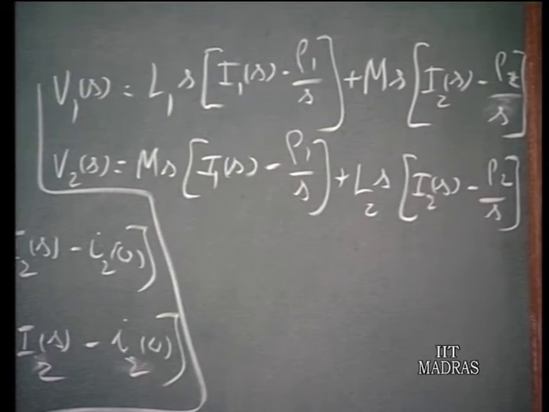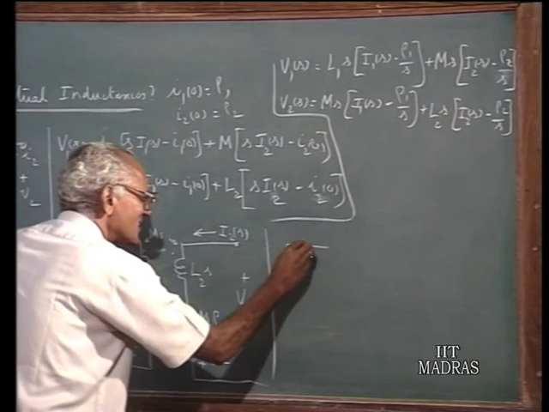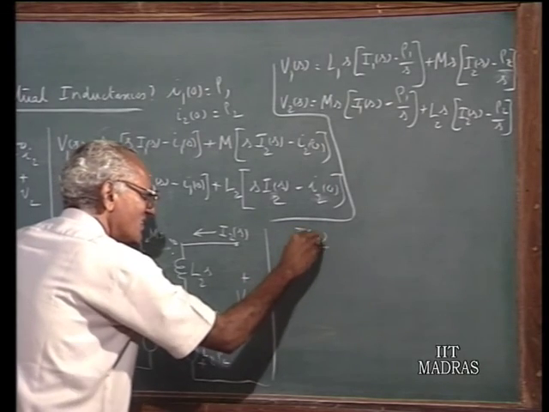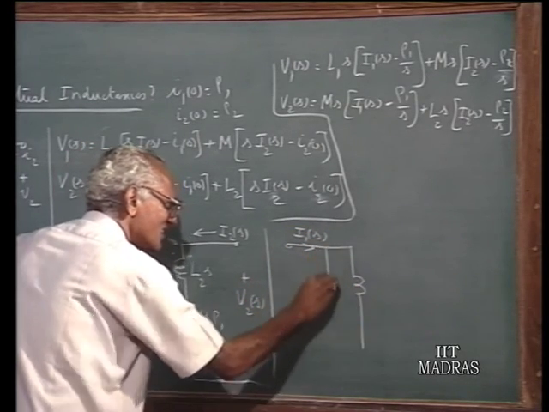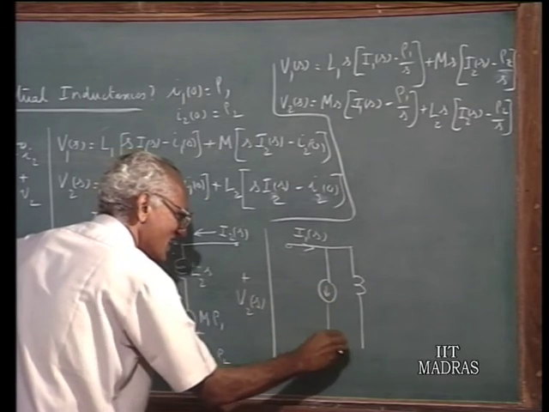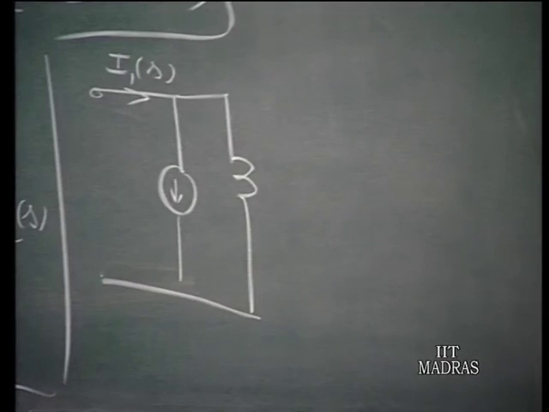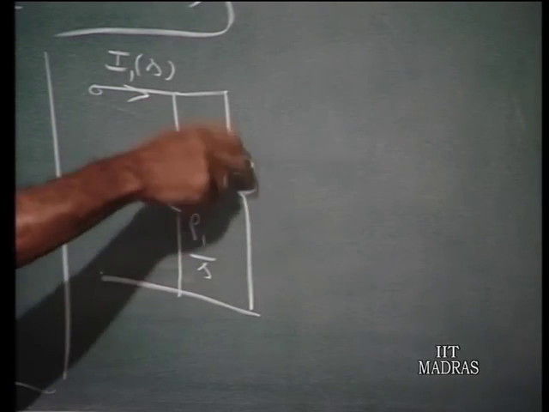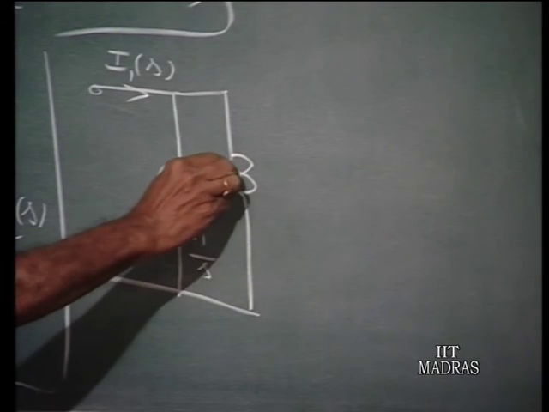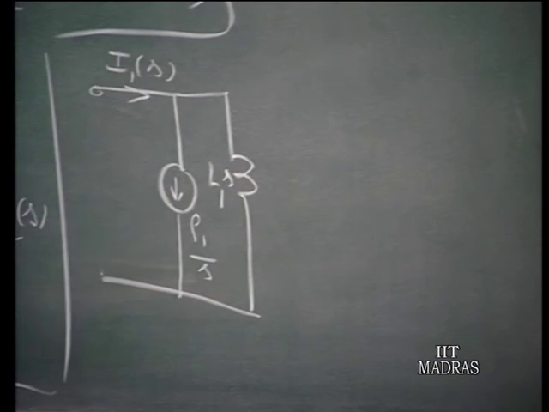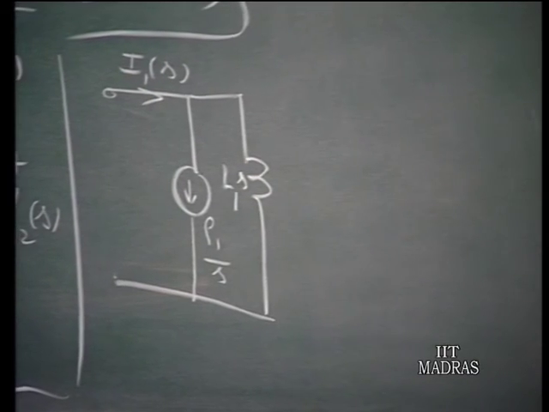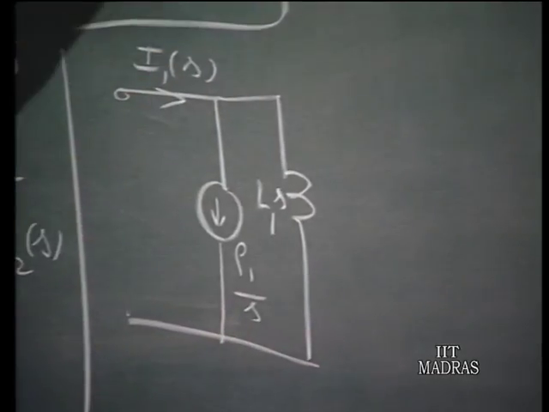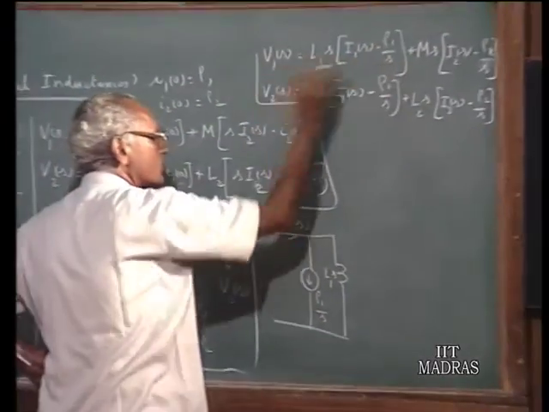So, if you look at these two equations, you can represent them in this fashion. You can have a current source here. So, let this current source be of strength rho 1 by s. So, the current in the actual inductor here is I1(s) minus rho 1 by s, and that current passing through L1 s will set up a voltage drop L1 s times I1(s) minus rho 1 by s.